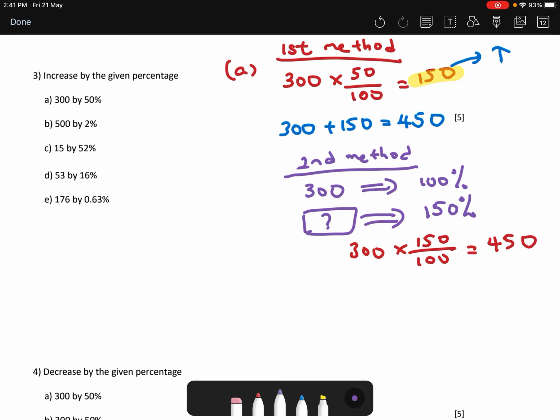Okay, next, B. So 500, I increase by 2%. You should get about 10. Alright, so 500, you add with 10, you should get 510.